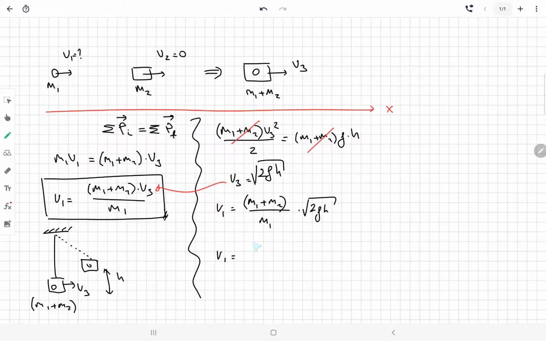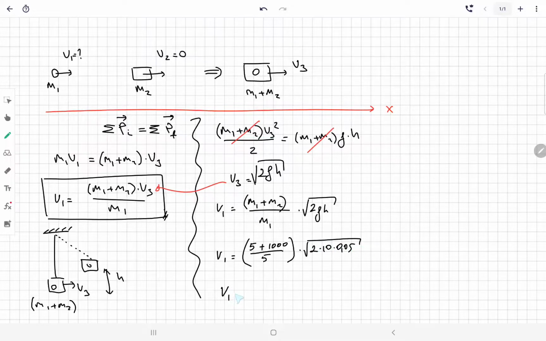So mass 5 grams. Let me solve it in grams, because mass over mass will balance each other. 5 grams. The second mass is 1 kilogram, which is 1000 grams, over 5 grams, times the square root of 2 times gravity, approximately, let's take it as 10, times height 5 centimeters, which should be in meters, 0.05 meters.